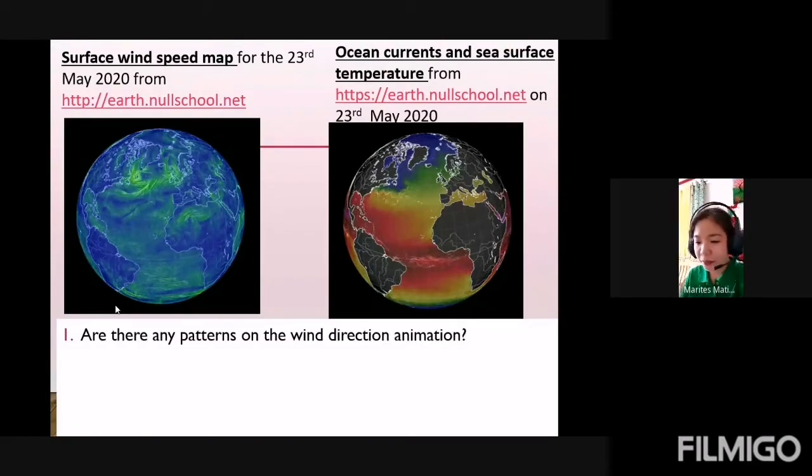First, are there any patterns on the wind direction animations? Before you answer the questions, take a look at this. Observe the wind direction.